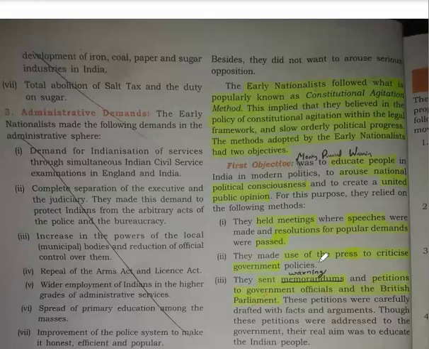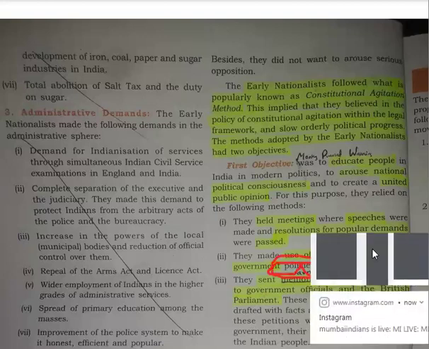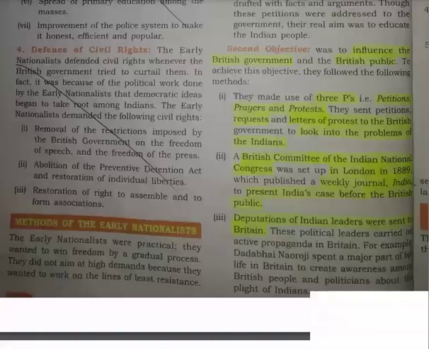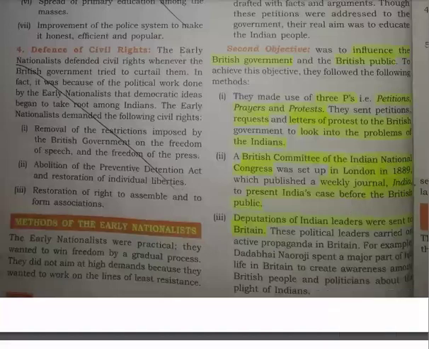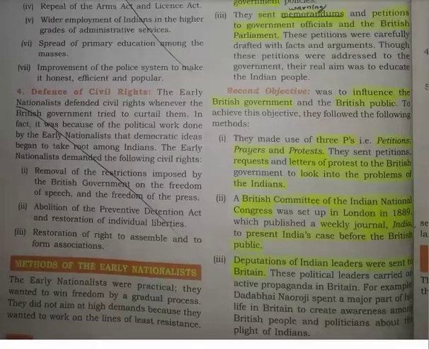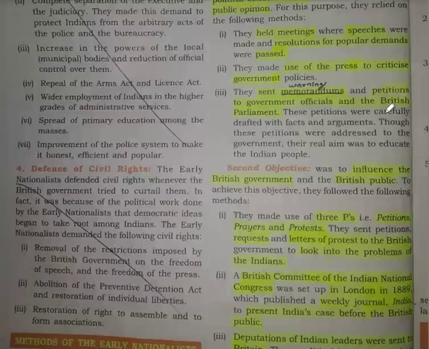So what are memorandums? It's already written over there: a warning.